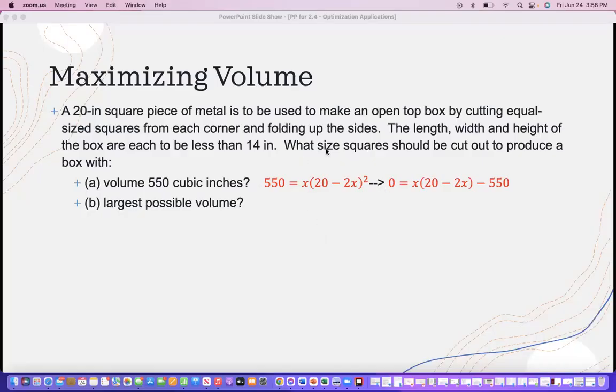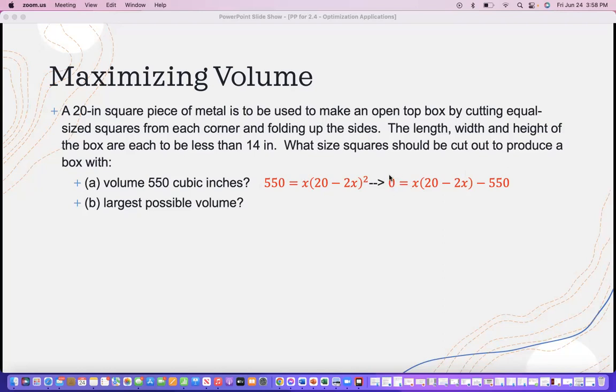So this is the equation I came up with when we wanted the volume, which is what the formula was that I found there, to be 550, 550 cubic inches. Now, I rewrote this a little bit to move the 550 to the same side as everything else so that I could set this equal to 0.